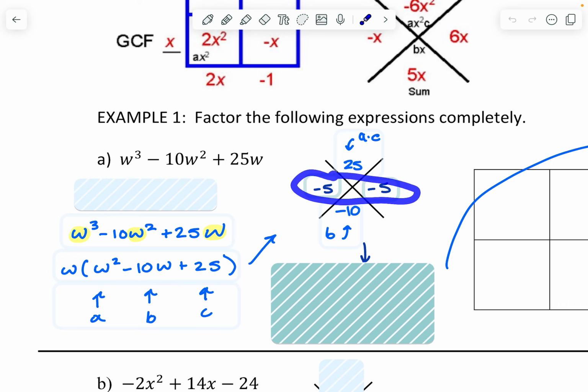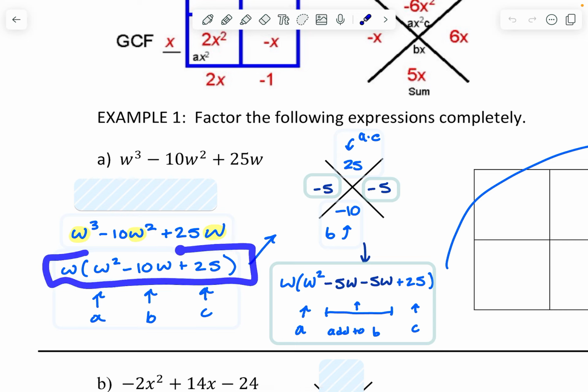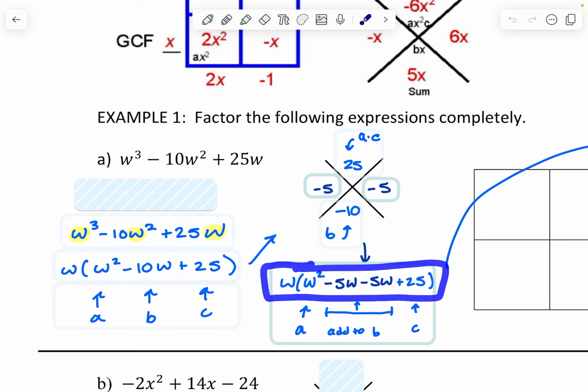You should have negative 5 and negative 5. Negative 5 times negative 5 is positive 25. Negative 5 plus negative 5 is negative 10. So now we can rewrite our expression using negative 5 and negative 5 instead of a negative 10.